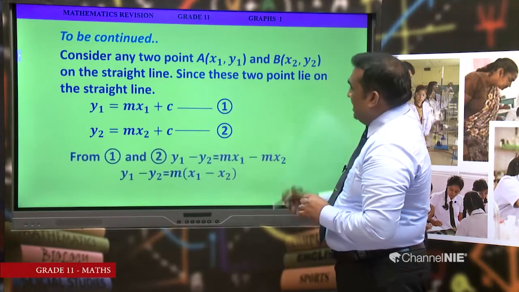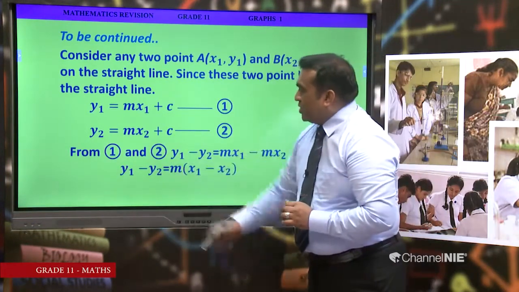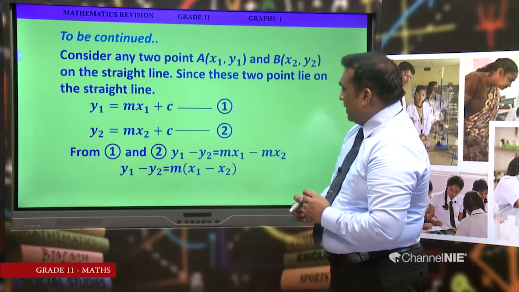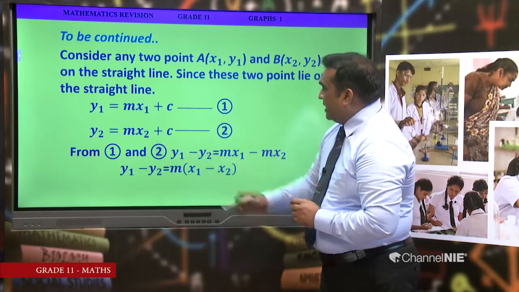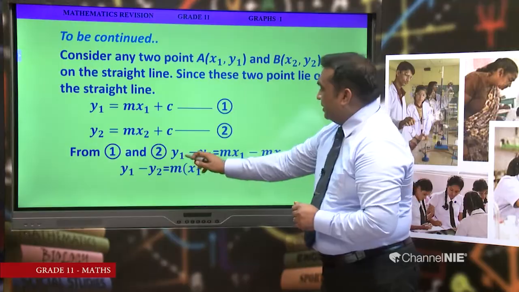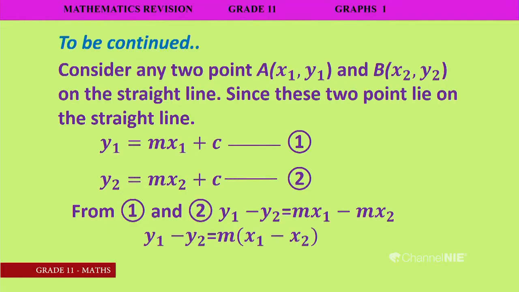Then from equations 1 and 2, you can take the difference. y1 minus y2 equals m times (x1 minus x2). What has happened to c? When subtracting these two equations, c is cancelled. Now, y1 minus y2 equals, m is common here.